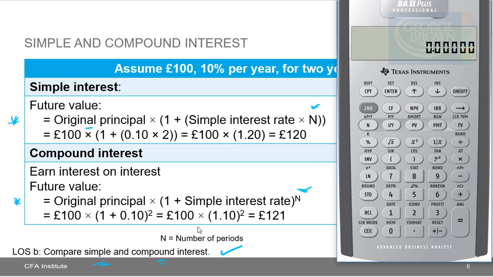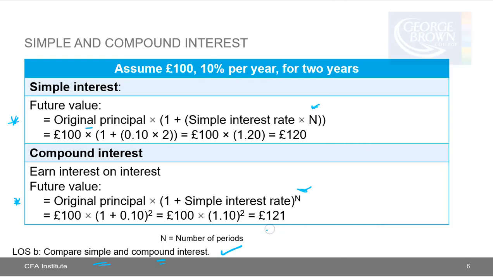Okay, but when we're doing the compounding, we do 1 plus the interest rate, 0.1, to the power of n, which is 2 years, and then multiply it by the 100 pounds original principal, and you can see that at the end of 2 years, we've got 121 pounds.